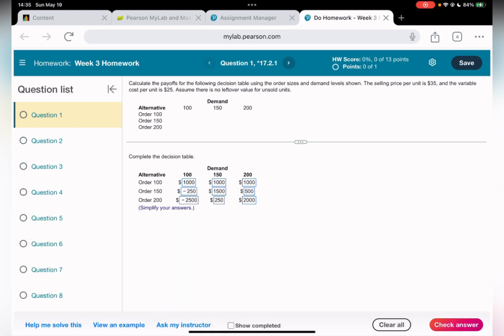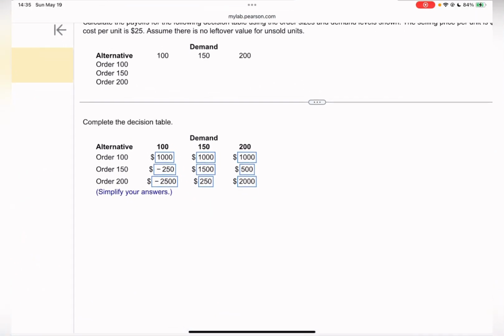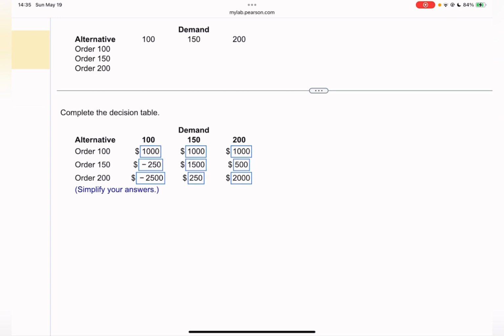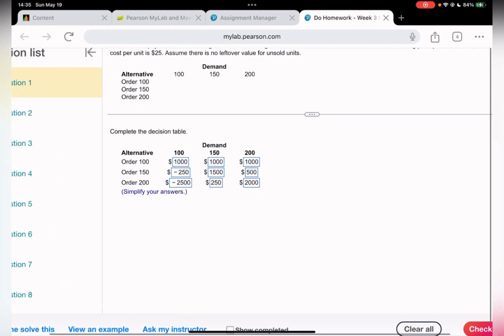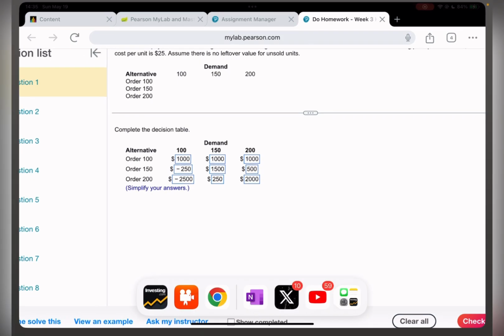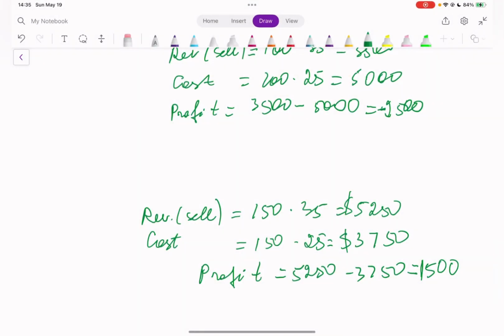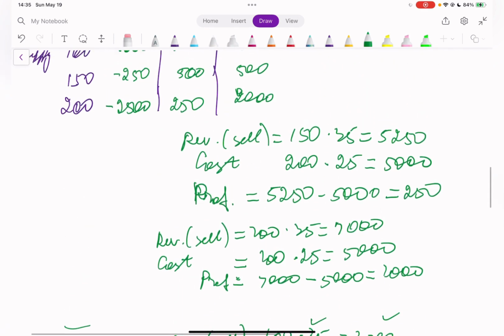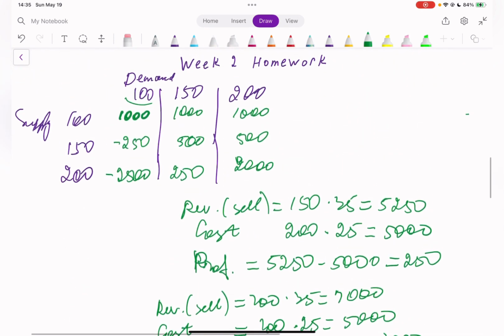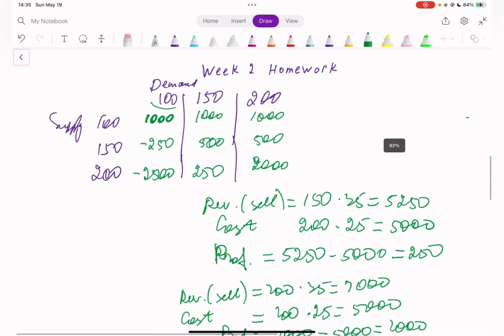Okay, let me see. Comparing numbers, I can foresee which one could be wrong. Also, this 150, 200 that I have 500, that one needs to be checked also. 150 and 200. Let's see. 200 and 150.